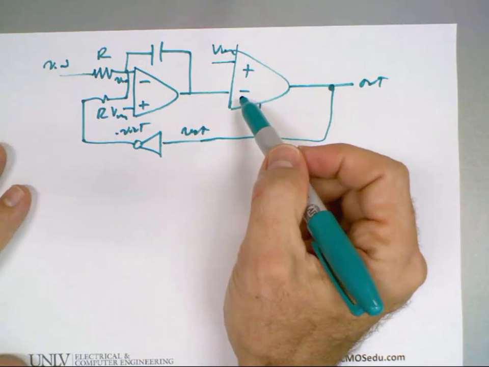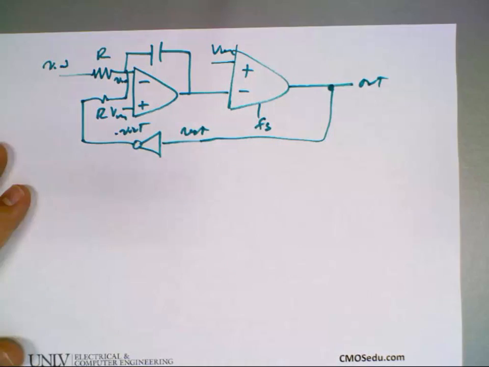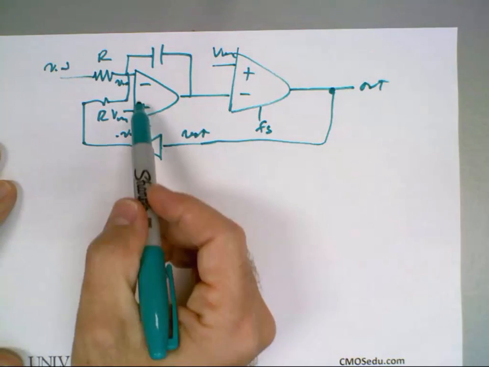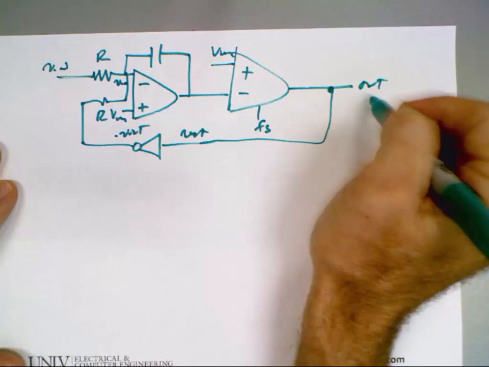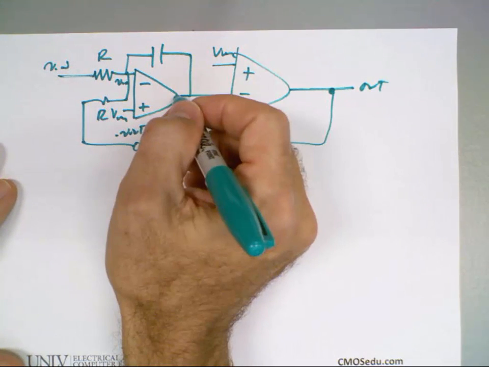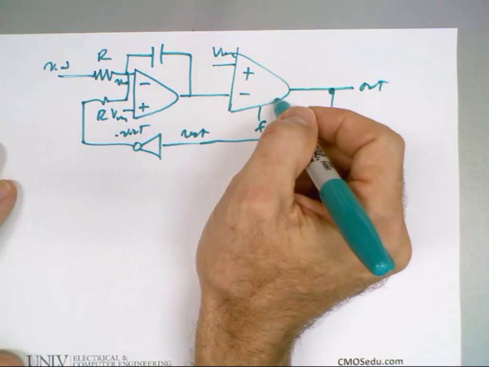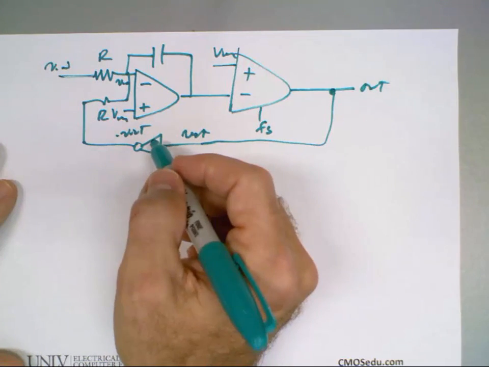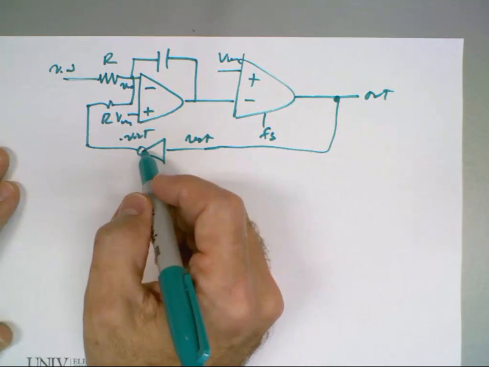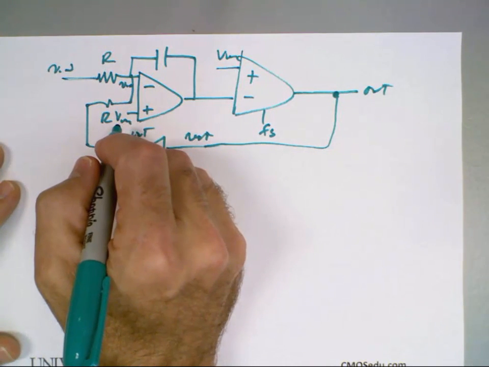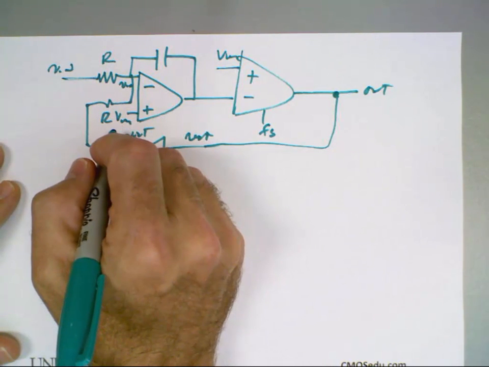Why did I connect this minus sign to the output instead of the plus sign? Well, my input and my output are the same polarity. It's an inverting integrator, so I get an inversion here, and then I invert the output with this inverter, so the input and output are the same. Do you want me to do it in terms of the common mode voltage, or do you care?